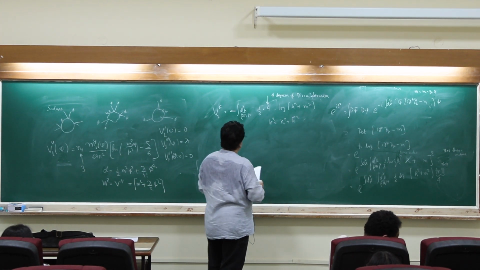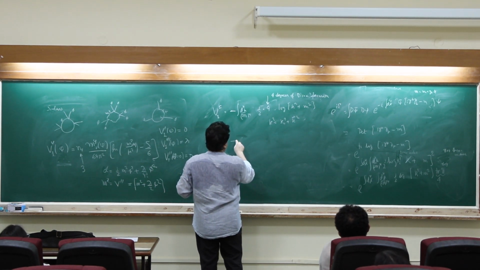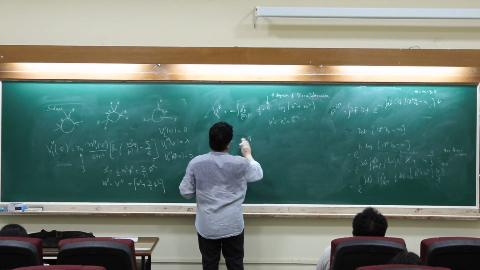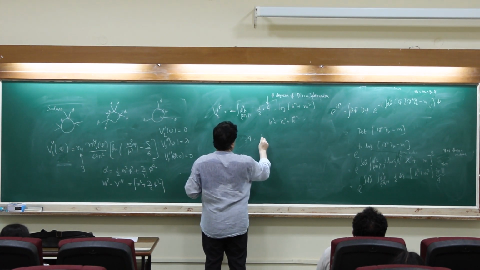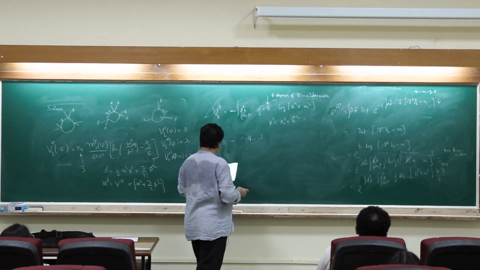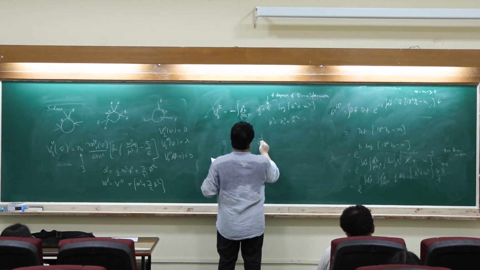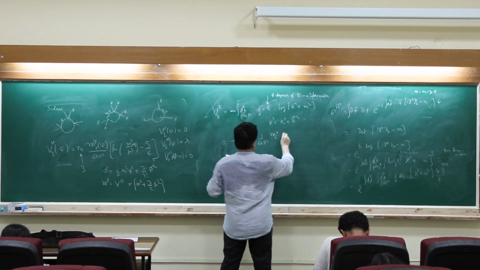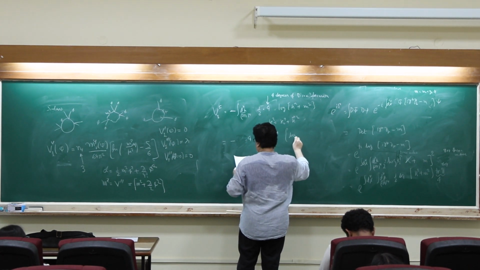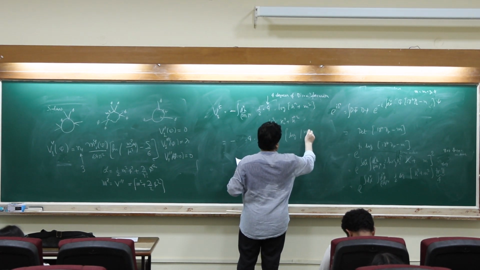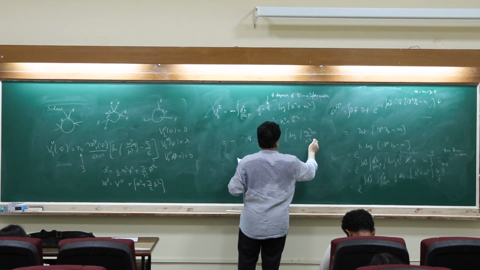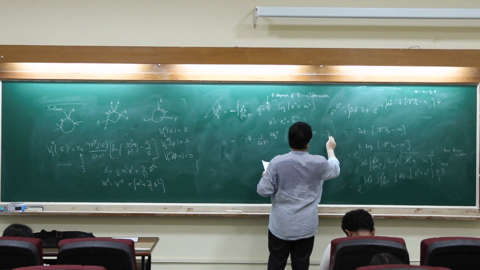Okay. So ultimately I am getting a minus sign. So this 1 by 64 pi square, m fermion to the 4, log of m fermion square of phi, minus 3 by 2.